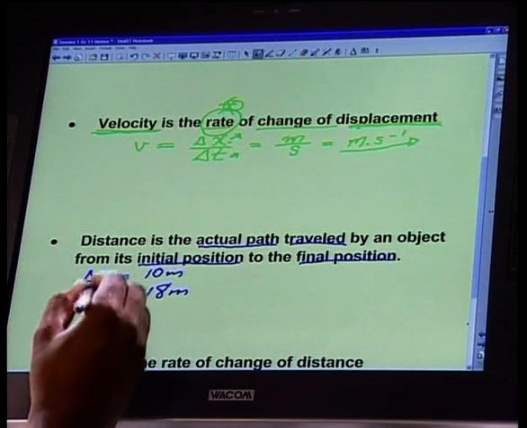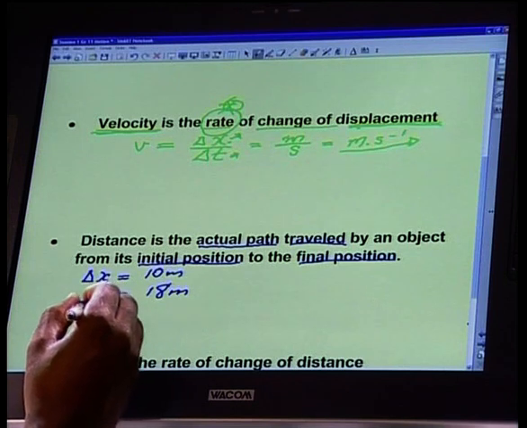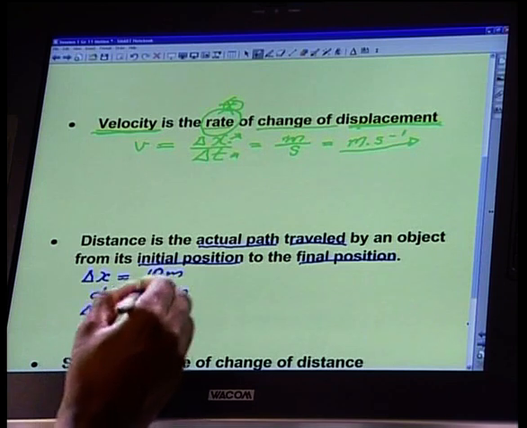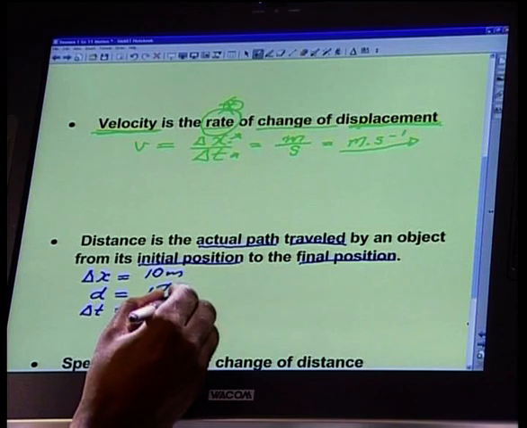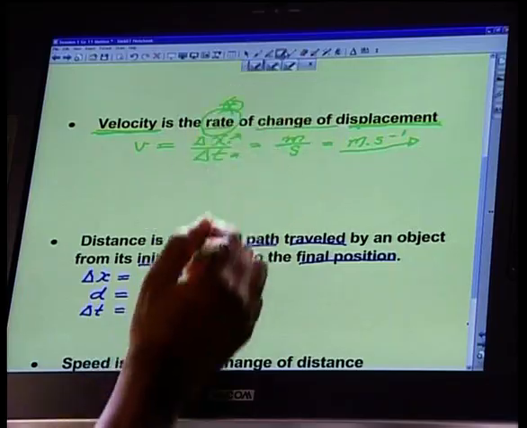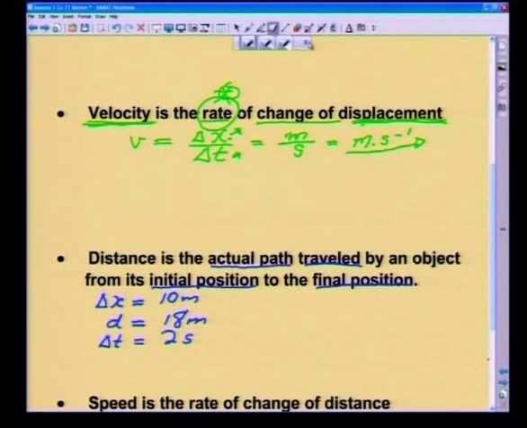And let's assume that it took the object 2 seconds, so delta t is 2 seconds, to move from position A to position B. Now the displacement was 10 meters and the actual path, which is the distance, was 18 meters.